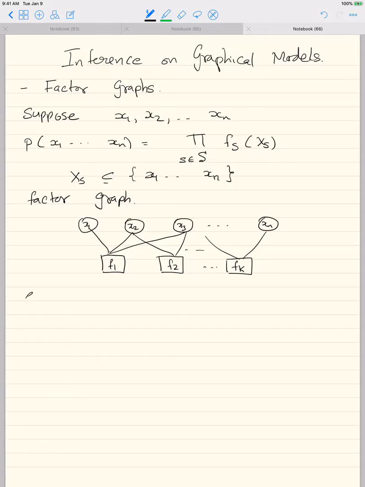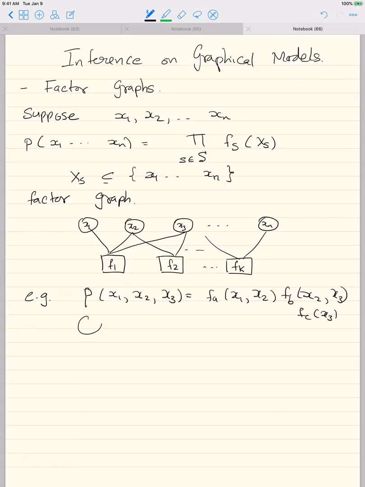As a concrete example, if we have three random variables, and we can write it as fa of x1, x2, fb of x2, x3, fc of x3, then the factors can be written like this.